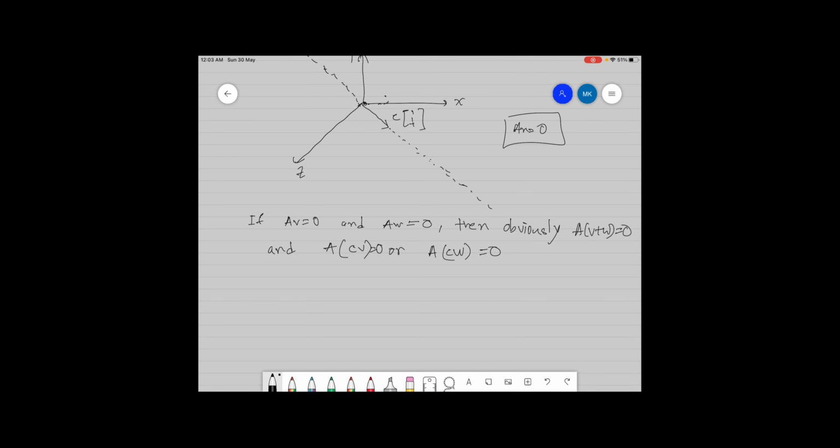So this is true for all the null spaces, all the solutions of a null space of A.